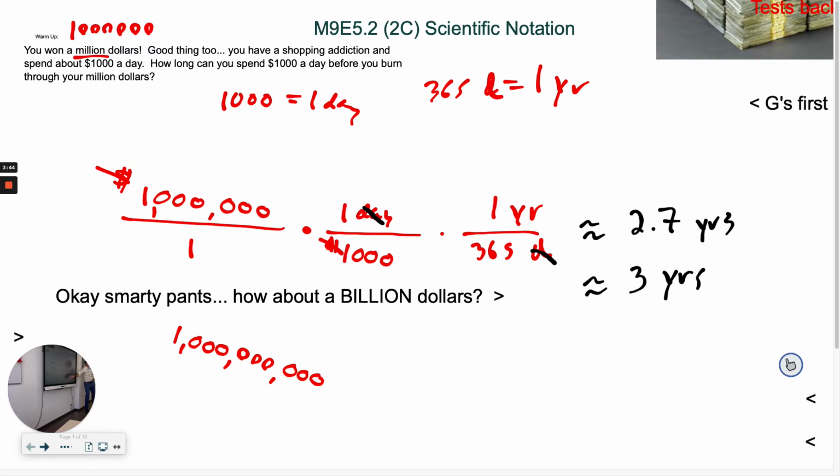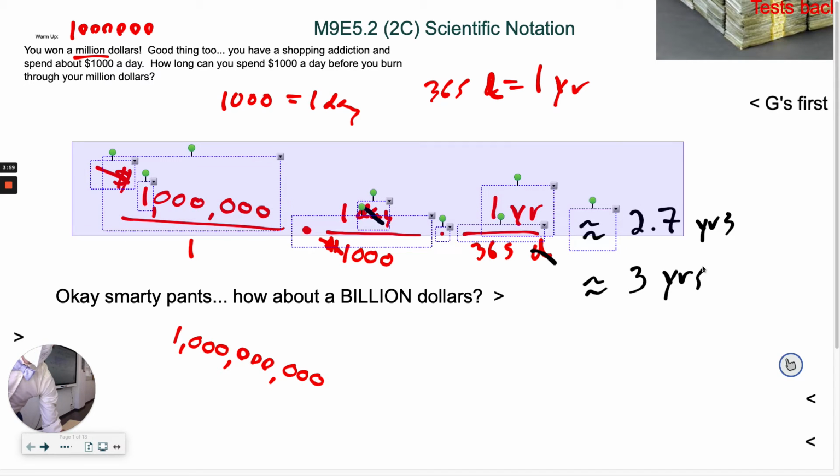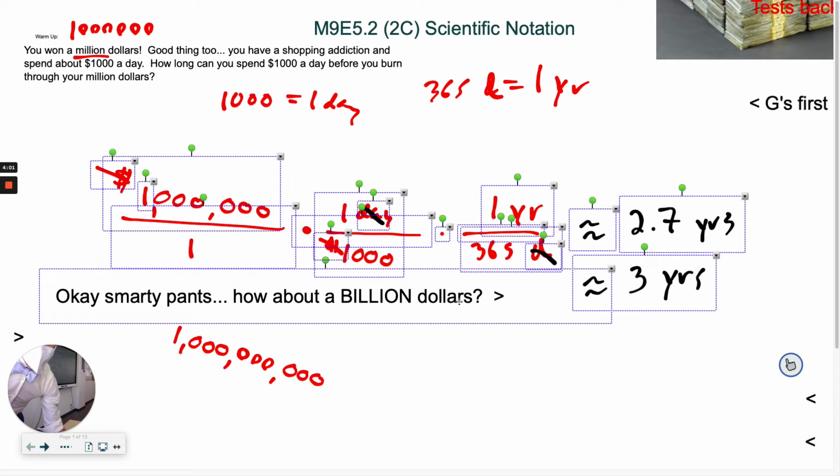If you have this many dollars in your pocket, how many days, how many years can you burn through $1,000 a day? Try that one. Whoa. I'll show you my technique again, but you can do it however you like.